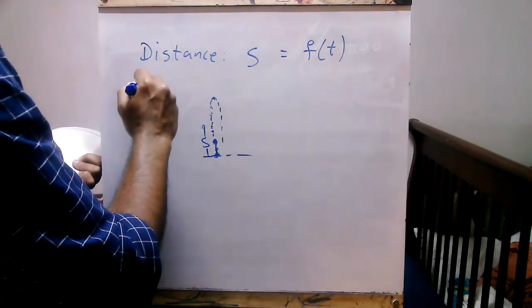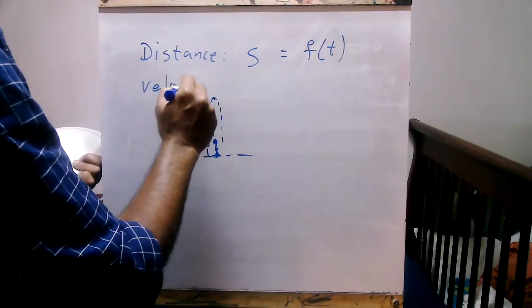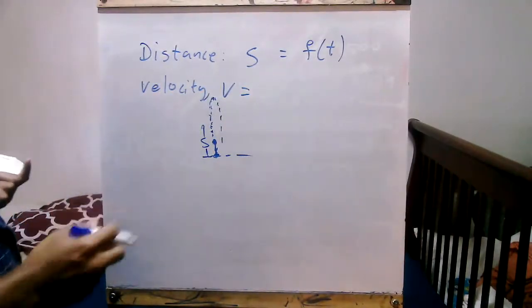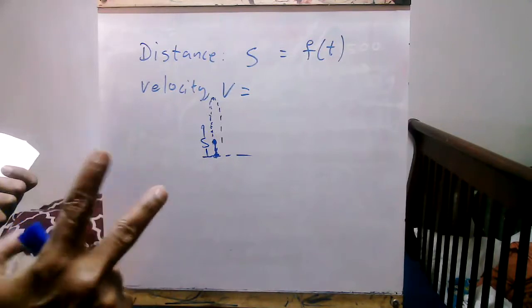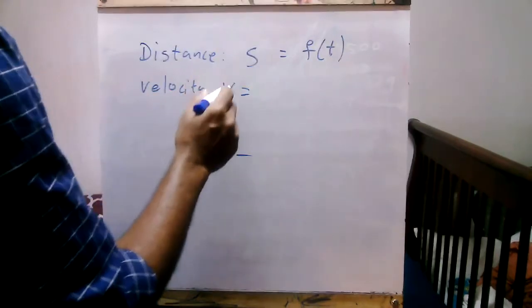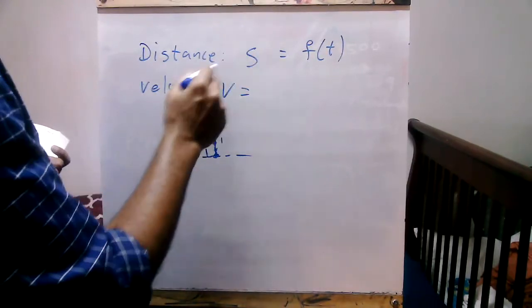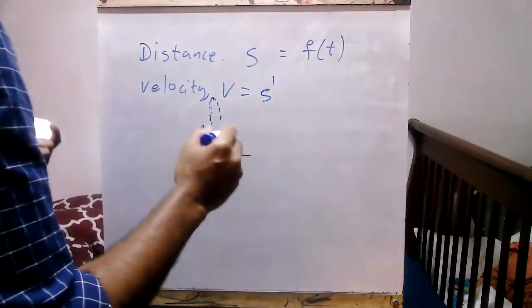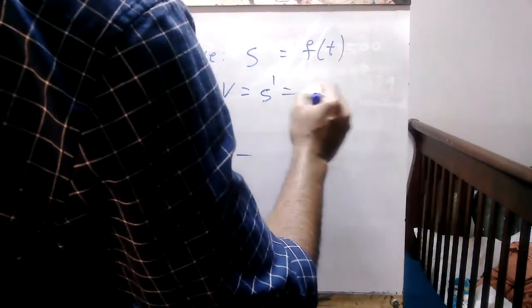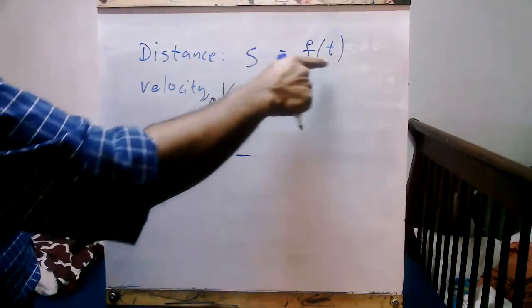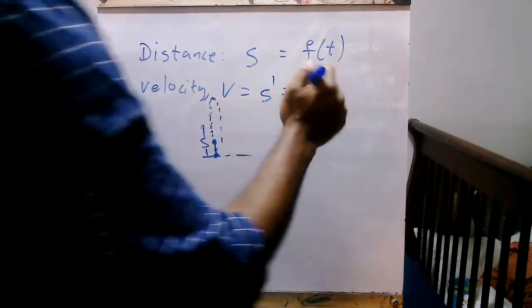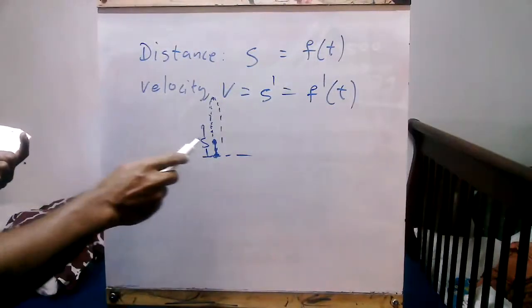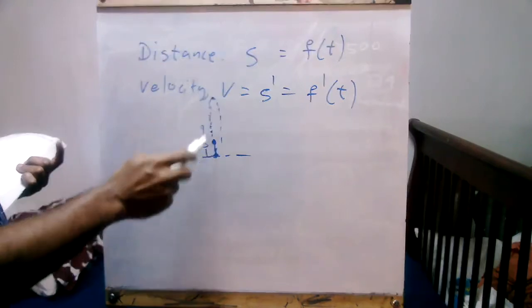Then the velocity, which is v, is, and this is the only thing you need to know about this part, found by differentiating the distance. s dash equals, now s is f(t), s dash is f dash(t), right? That's the velocity we were talking about here. Velocity is decreasing.